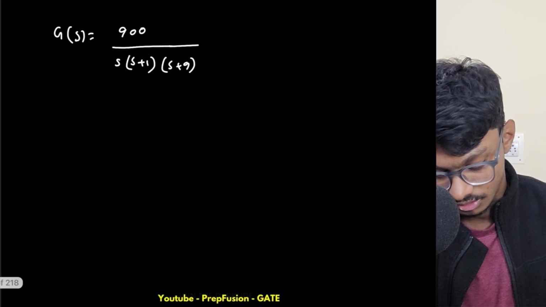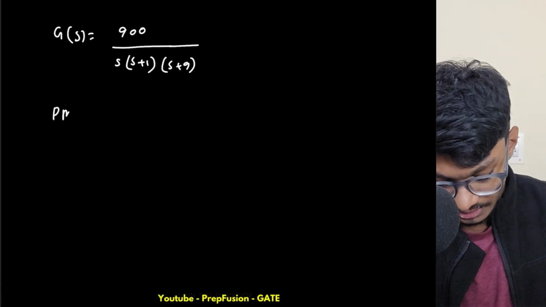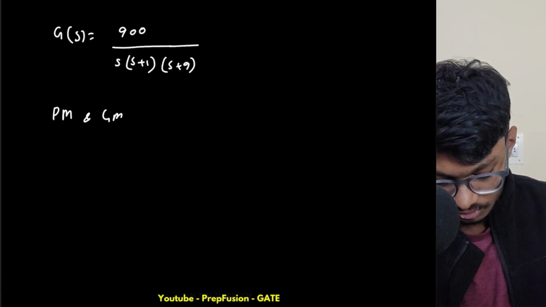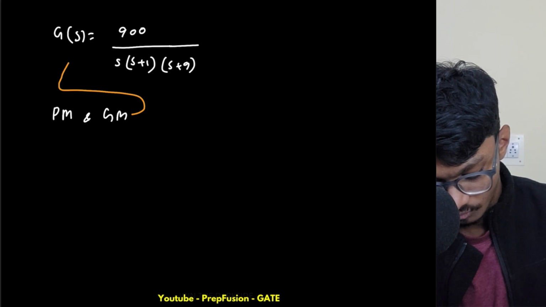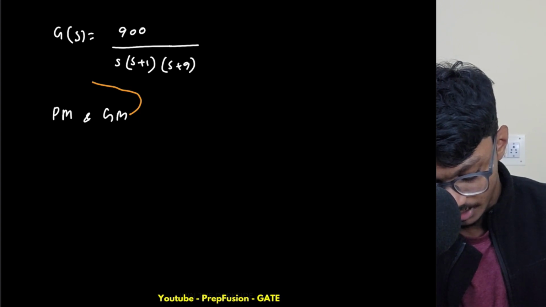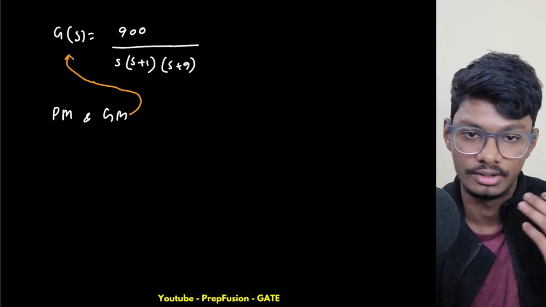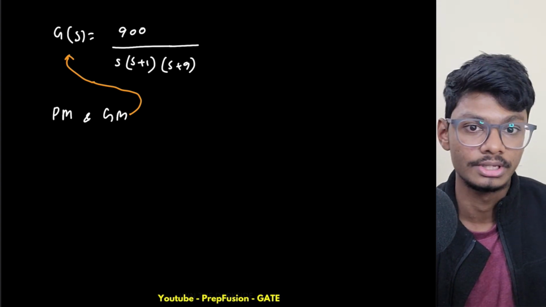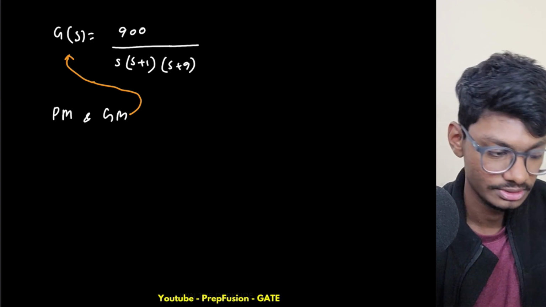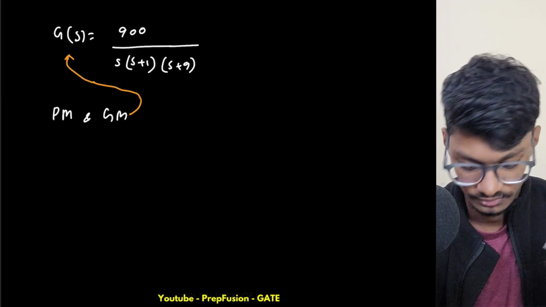As they're talking about phase margin and gain margin, this will be my G(s). Many people get confused about how to distinguish whether something is a G(s) or a transfer function.